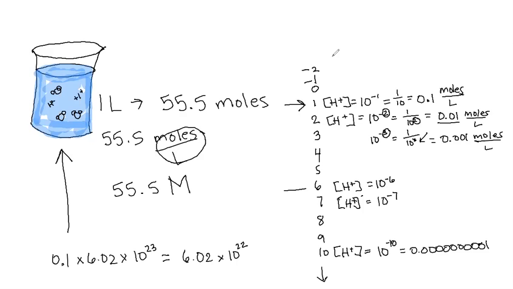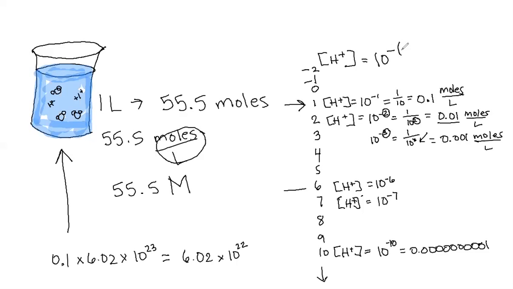But okay, so concentration of hydrogen equals 10 to the negative... no, I'm sorry. So normally it's 10 to the negative pH, right?